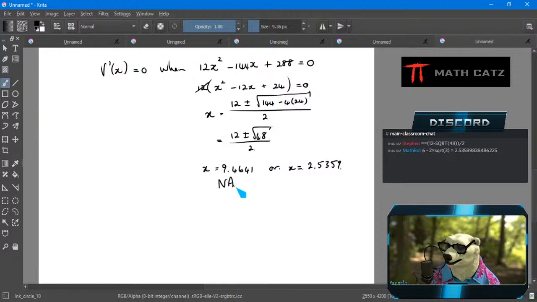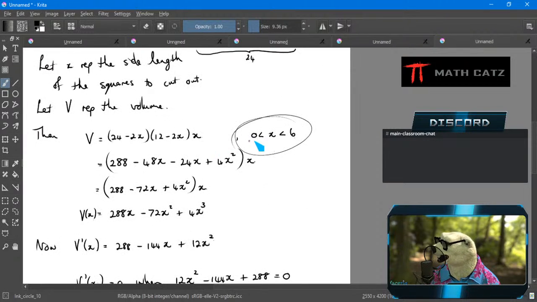So this one is not applicable for my problem. The function doesn't know that. So I only have this critical point that I'm interested in.